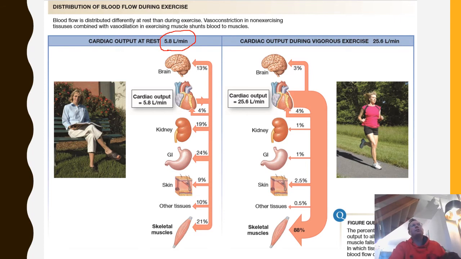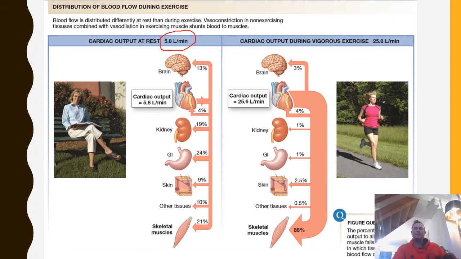If you think of someone with an average heart rate of maybe 70, then what are you getting there? Maybe a stroke volume of around, I'm doing the maths quickly, somewhere around 75 to 80 millilitres will probably get you near that 5.8 litres per minute.